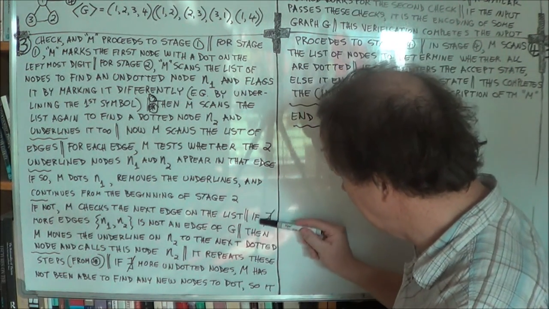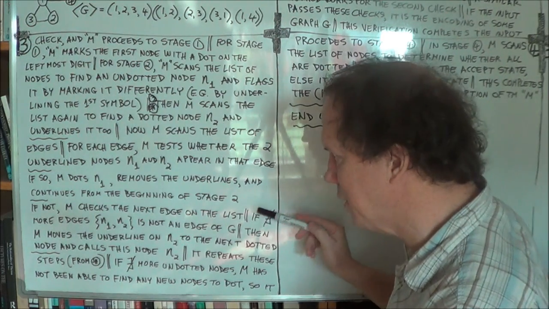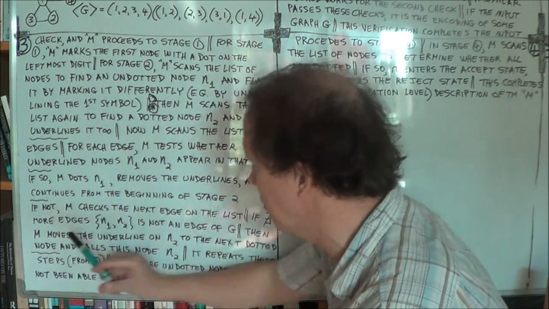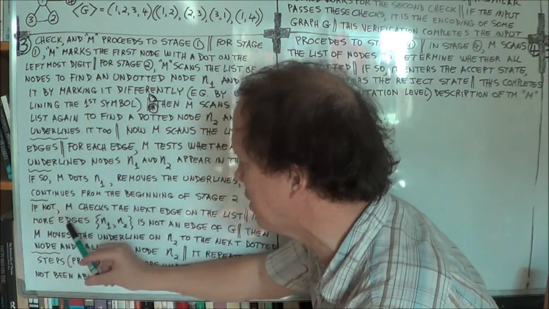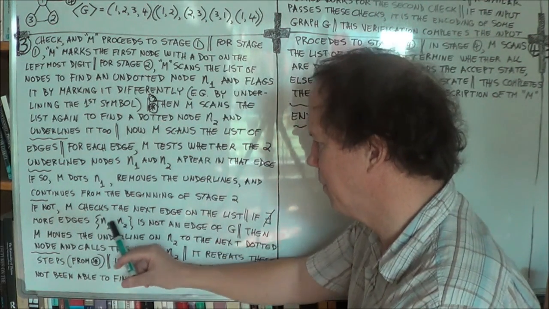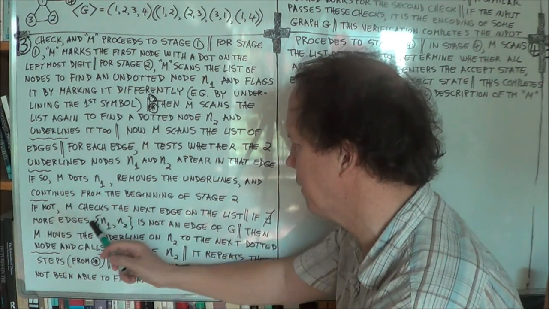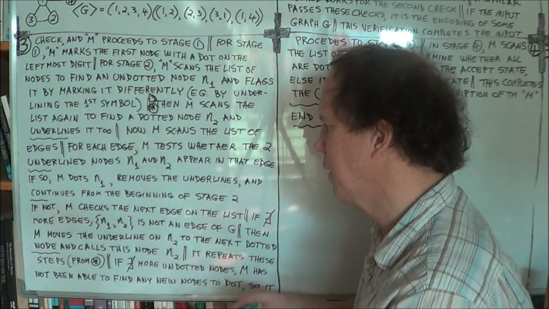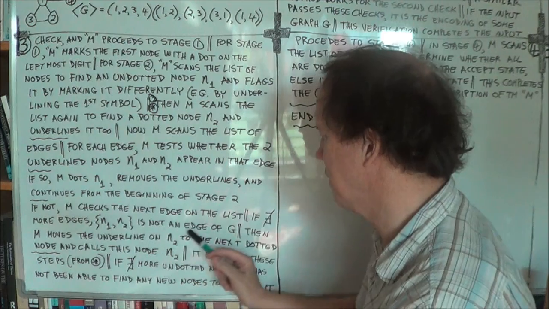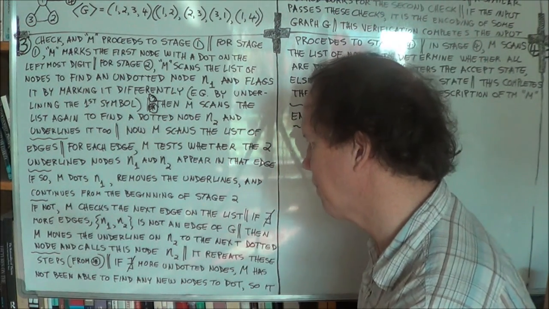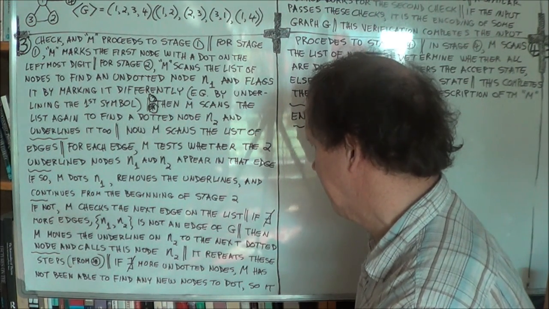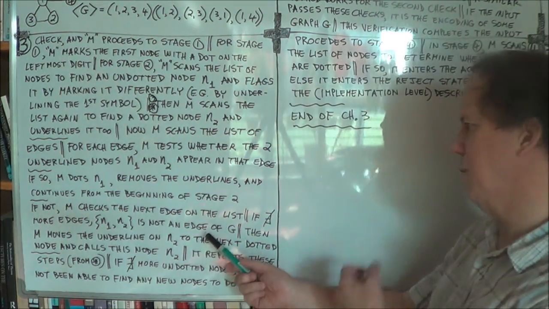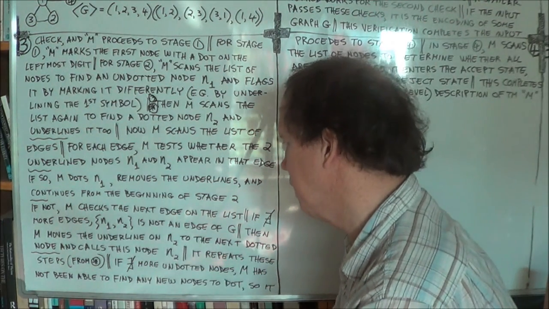So if there are no more edges, these pairs, then this is not an edge.